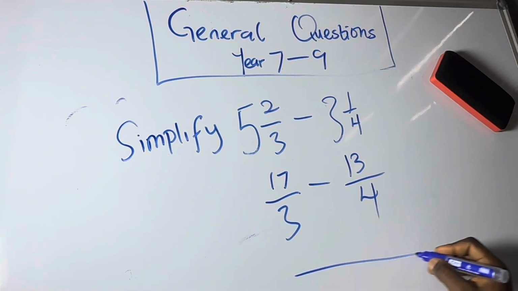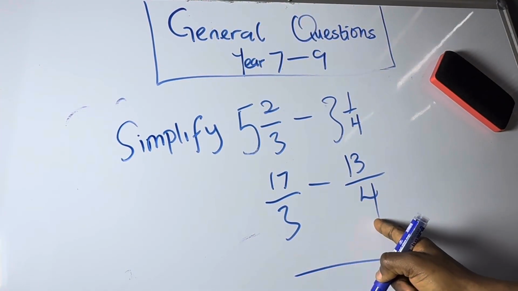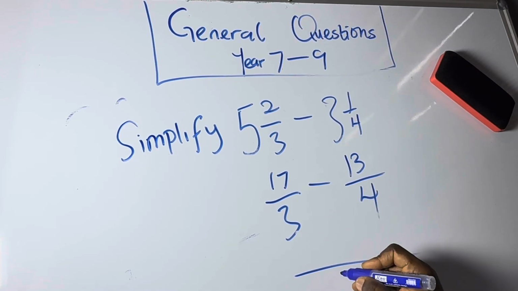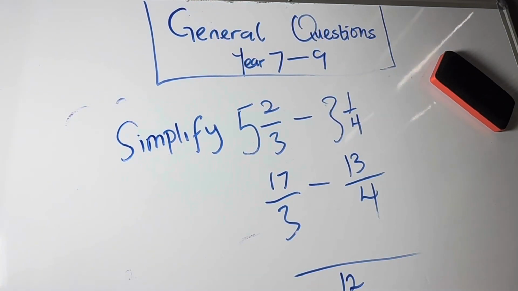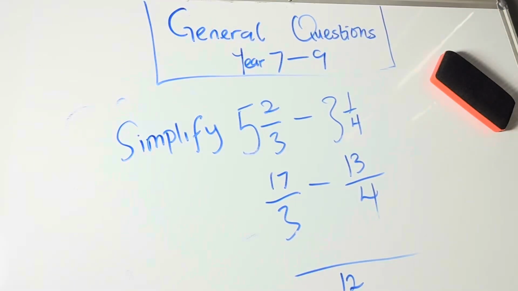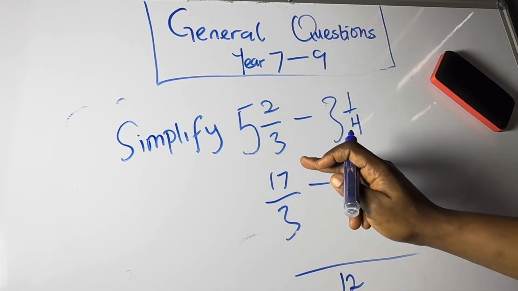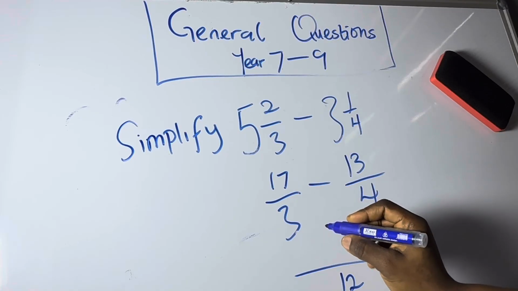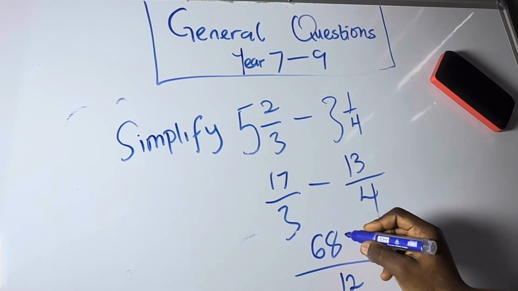So here we look for the LCM of the denominators. Look at what we can use to divide 3 and 4, which is 12. 12 can divide 3 and 4. So now 12 in 3 is 4. 4 multiplied by 17 is 68.